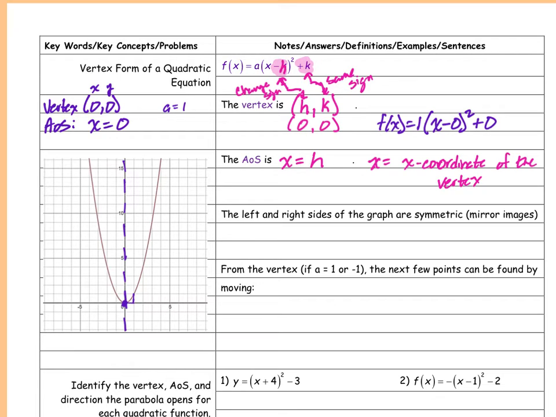X minus 0. Well, x minus 0 is x, just so you guys know. And I don't have to write the 1, so this just becomes x squared. So the equation for this parabola is f of x equals x squared. And that's it, done.